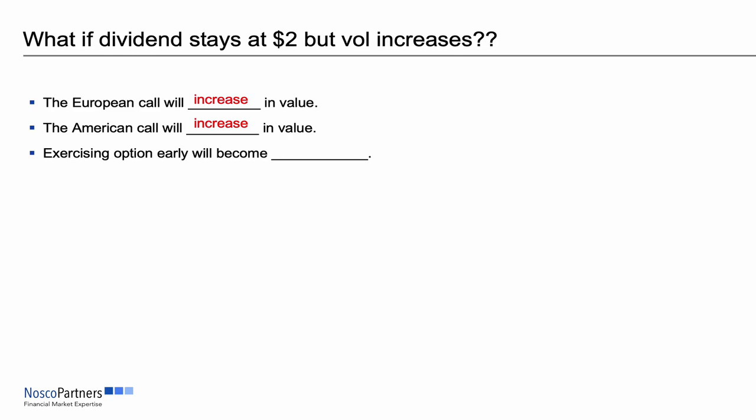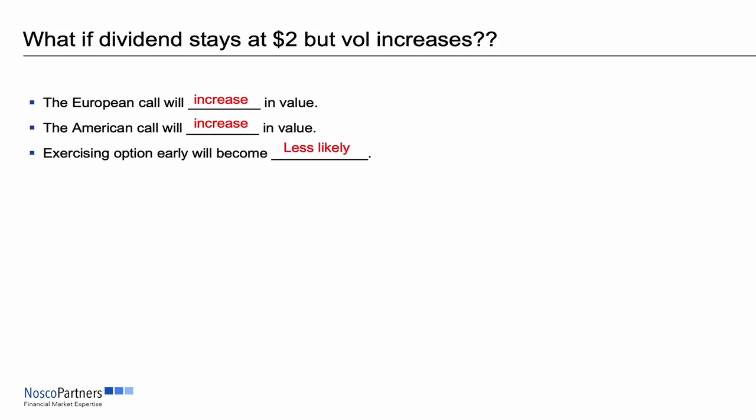But now, think about the difference between the European option and the American option. So by the fact that volatility is going up, does the American option become more European or less European?